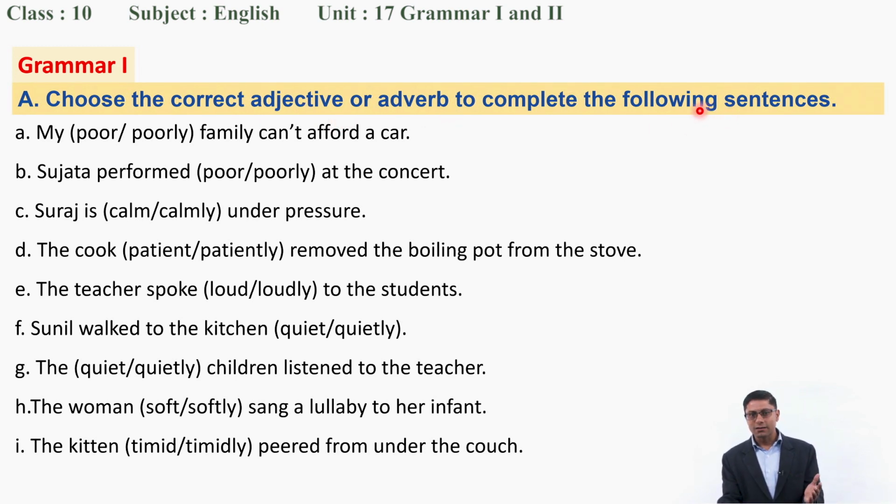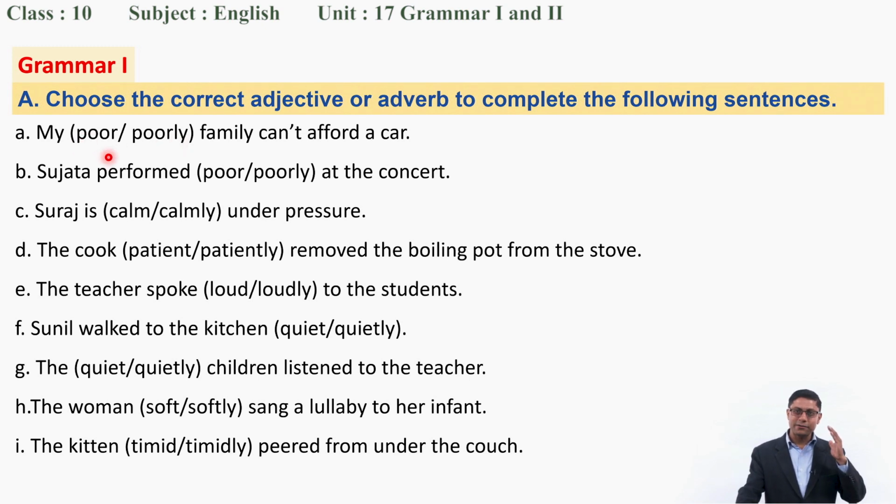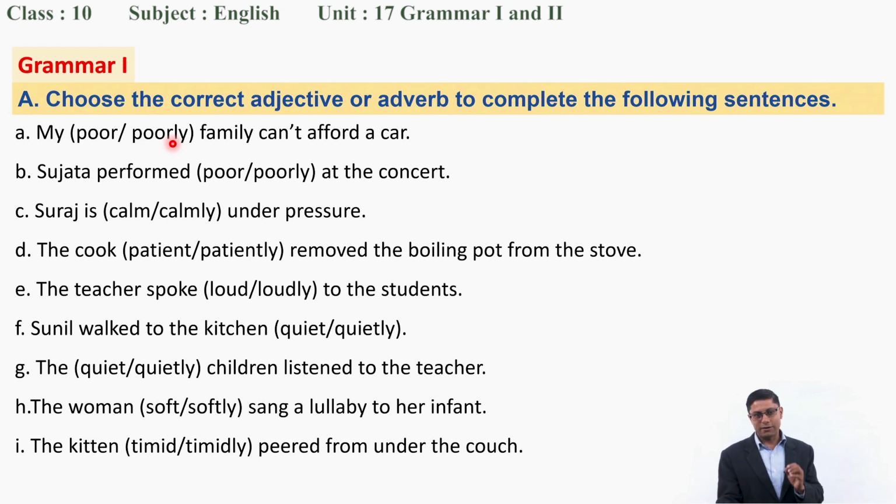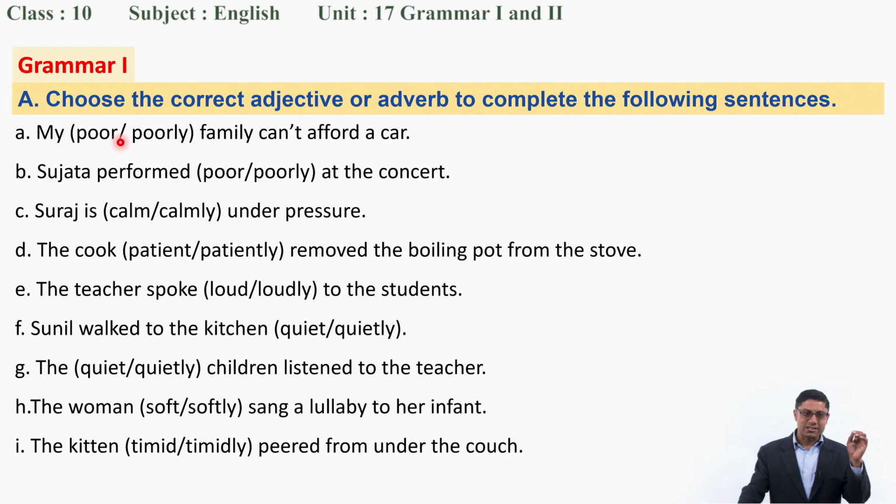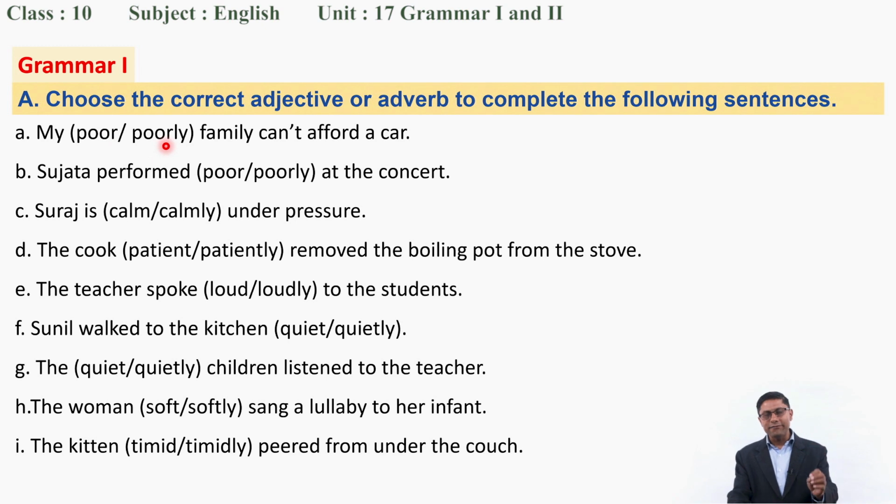Did you get it? It's very simple. Look at each sentence there. In each sentence, in the brackets, you find one adjective and one adverb. We have to choose whether the adjective or the adverb is used there. Did you get the idea? Wonderful. Let's move ahead then.